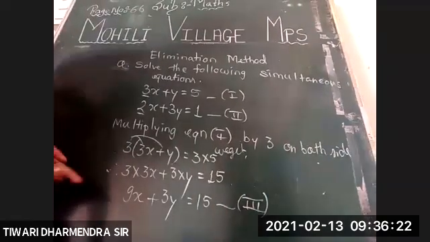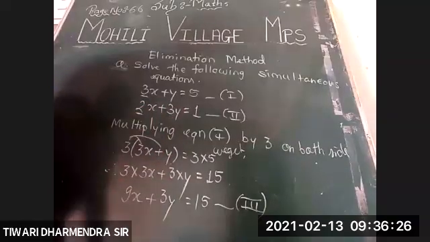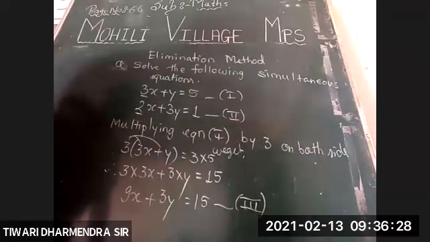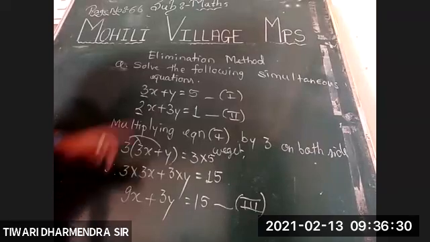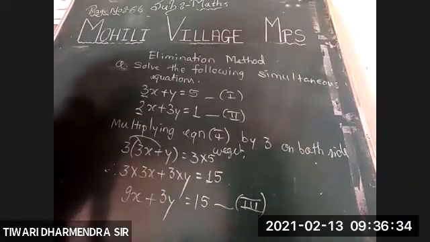Now we can see that the coefficient of y in the second and third equation is the same. Not both the coefficients, but the coefficient of y in both the equations is the same. So what can we do? We can subtract 2 from 3.